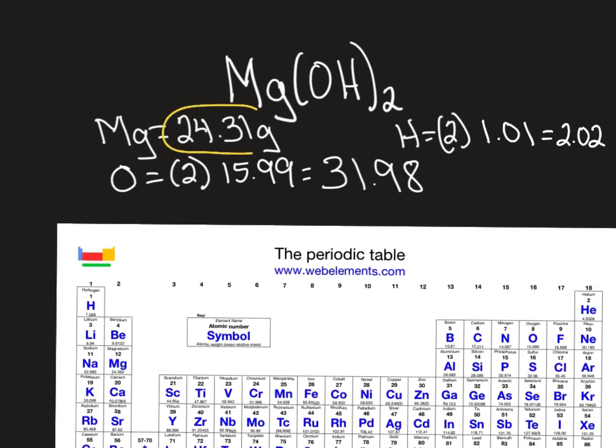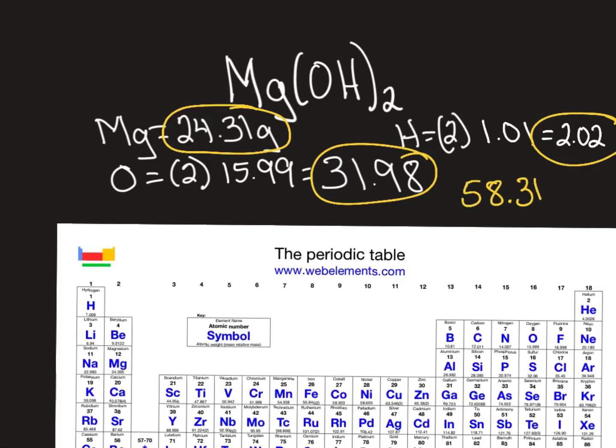So we have 24.31 plus 31.98 plus 2.02. So do this on your calculator just as I do it. 24.31 plus 31.98 plus 2.02, and the answer is 58.31 grams. And that is the molar mass for magnesium hydroxide.